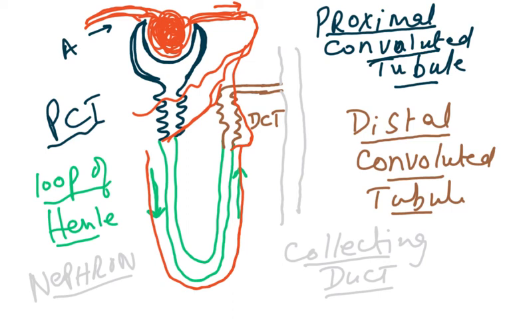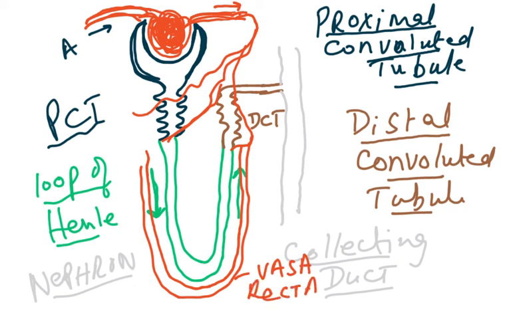And those set of capillaries which are found around the loop of Henle have a special name which is called vasa recta. And then of course all these will join to form the renal vein.